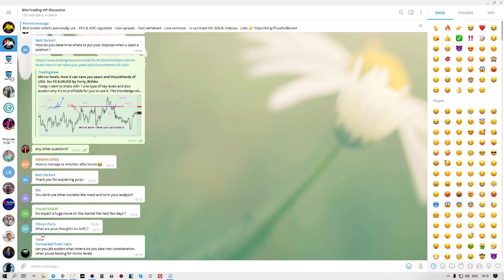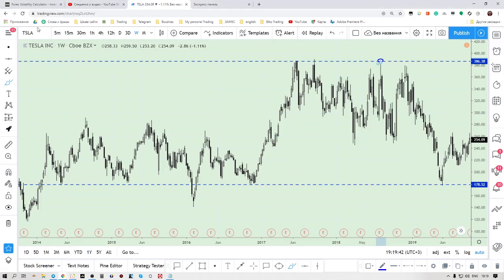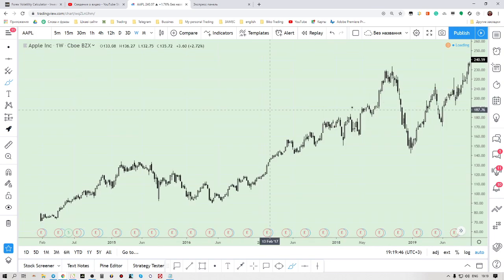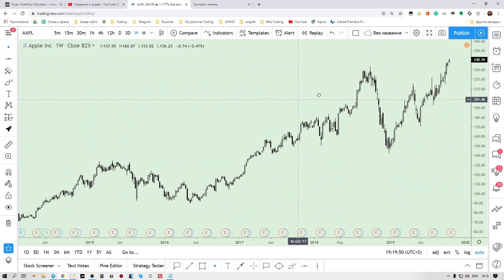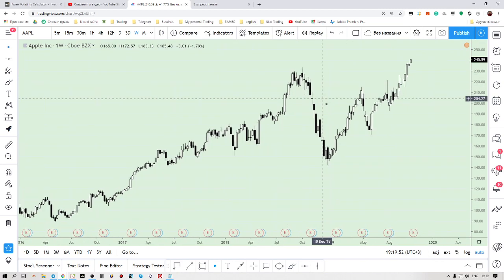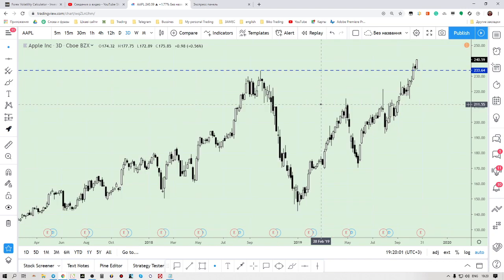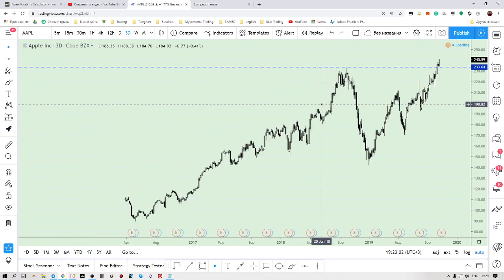What are your thoughts on Apple? Okay, my thoughts about Apple. Take a look at this moment. If you are a trader, it depends what you would do. Would you trade it as a trader, or do you want to invest?